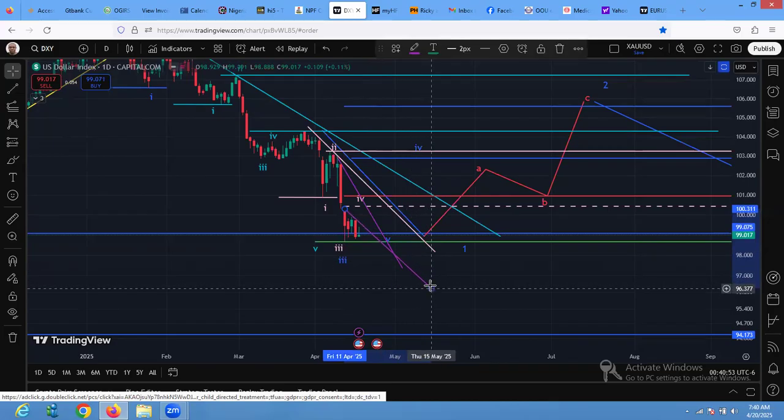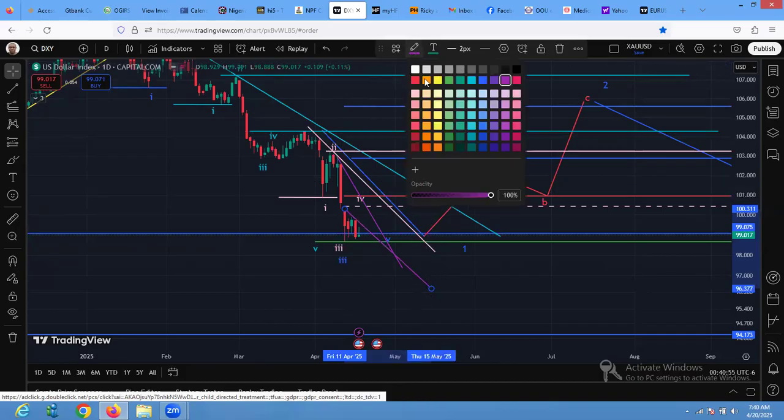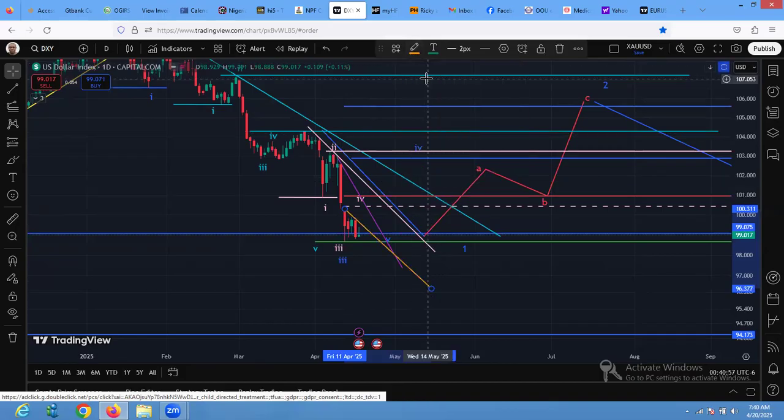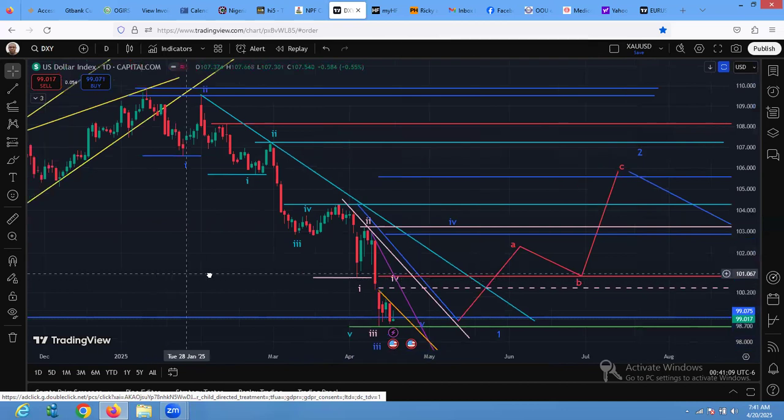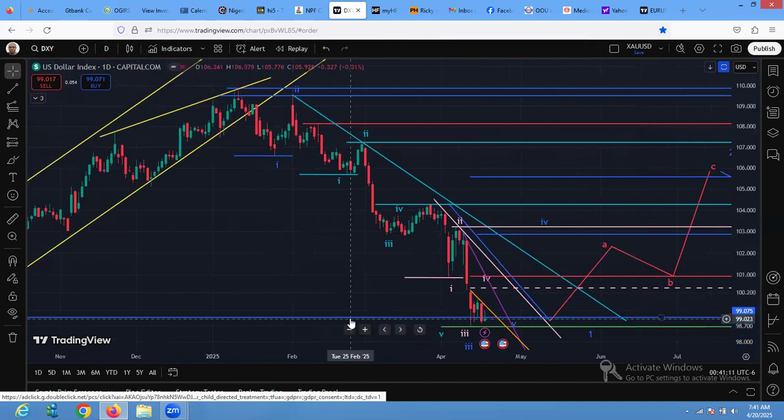So once we connect that, we want to deal with that ending structure. So that's how to deal with that ending structure.